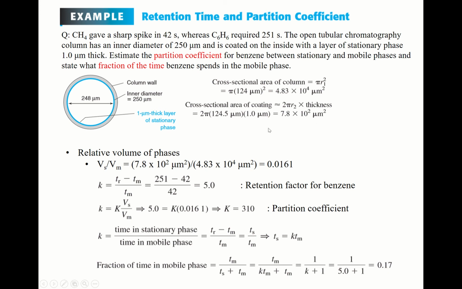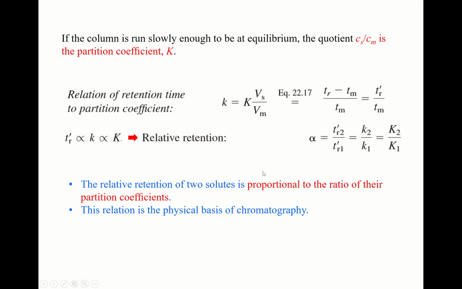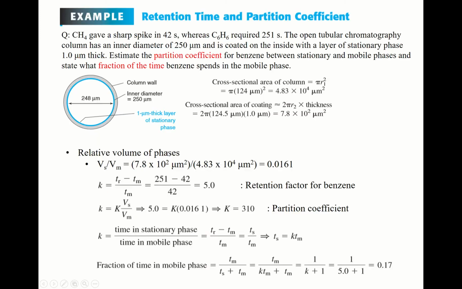Since you have to calculate the volume ratio Vs divided by Vm, and since the length is the same, we don't consider the column length, only the area.